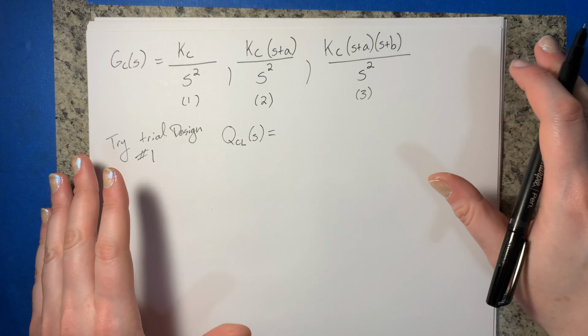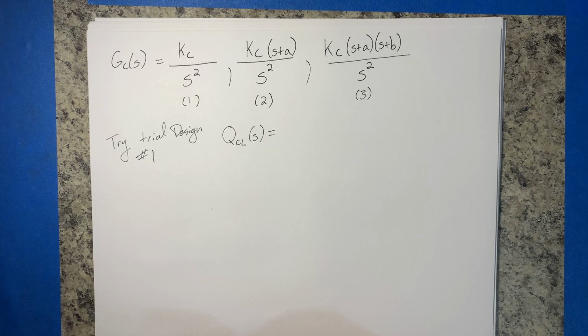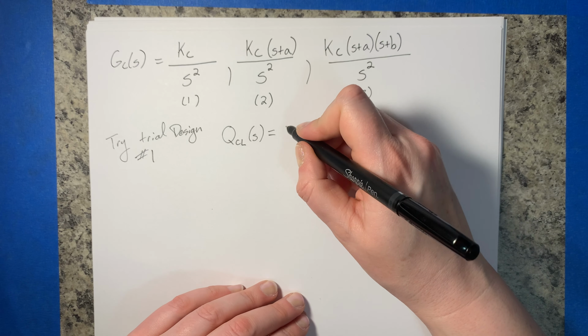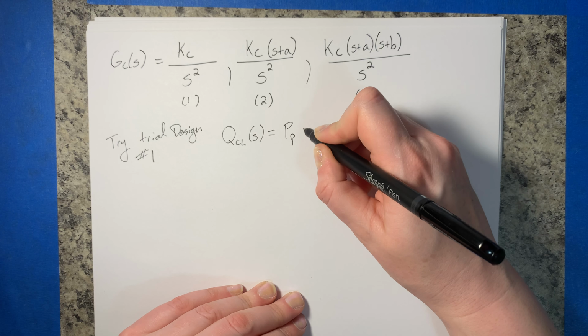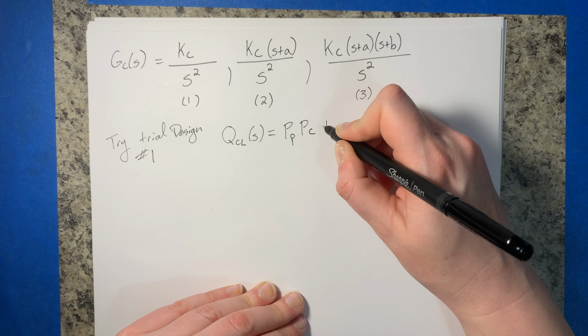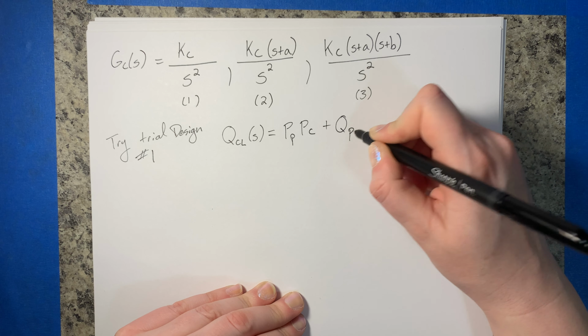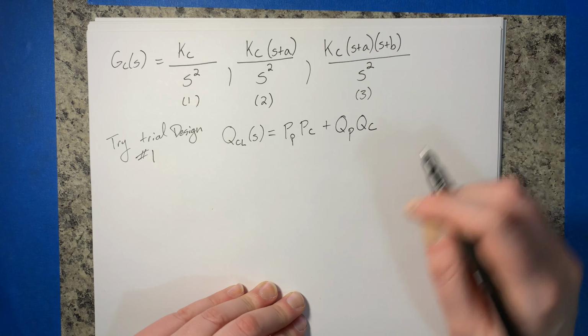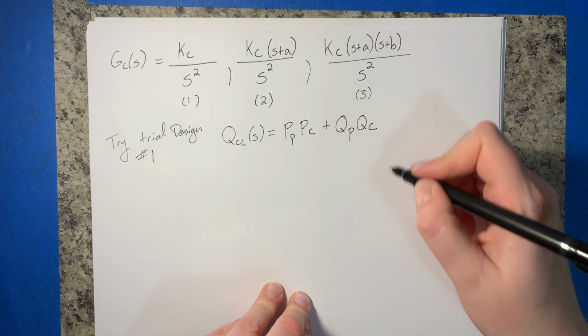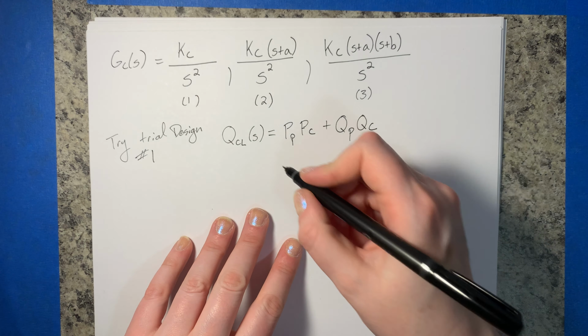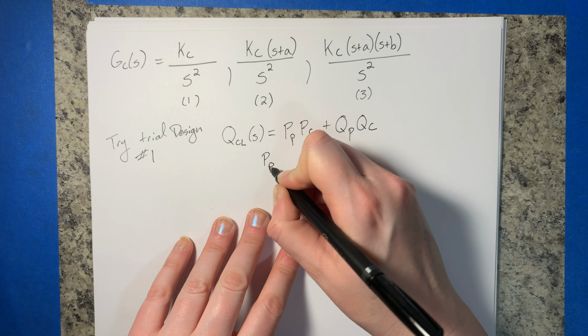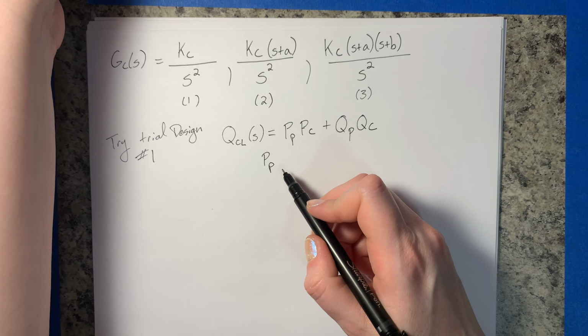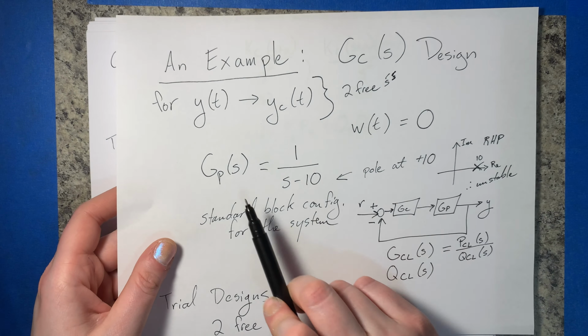Again, if you had an alternate configuration, this equation may be different. And as we write this out, you'll want to make sure that you know where this comes from and identify the pieces just so we can plug in. All right, so P sub P comes from our GP design right here.